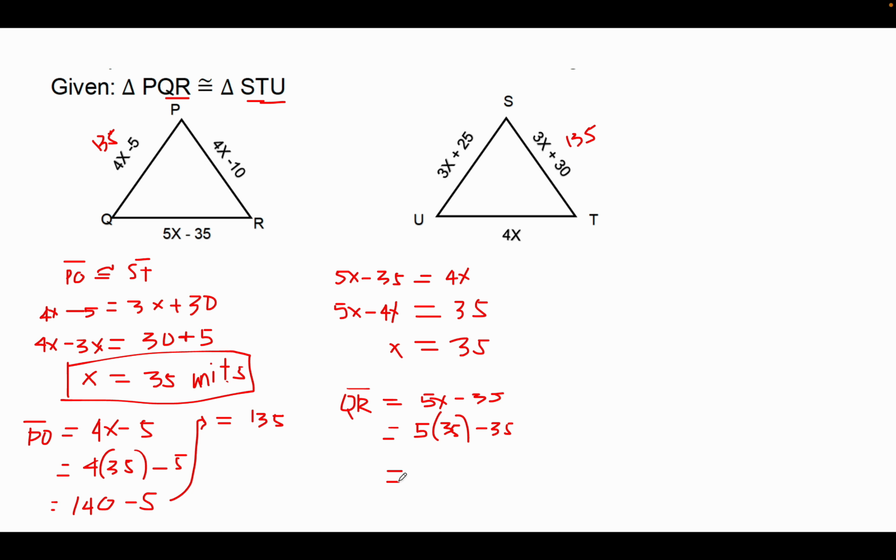So 5 times 35 is 175, minus 35 is 140 units. Tama ba?